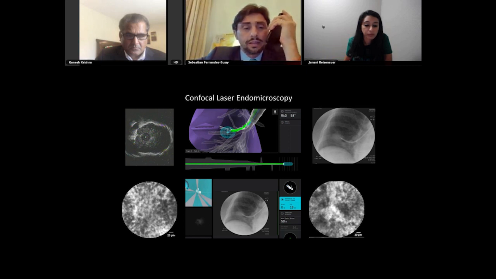So we have done a few cases with this technology using robotic bronchoscopy, confirming with a radial EBUS, and then introducing this laser fiber through the needle into the lesion and trying to identify the areas of the lesion where we see malignant cells. So probably this can help trying to differentiate necrotic areas versus non-necrotic areas with viable tissue, and we can direct our tools directly to that to improve the diagnosis yield.